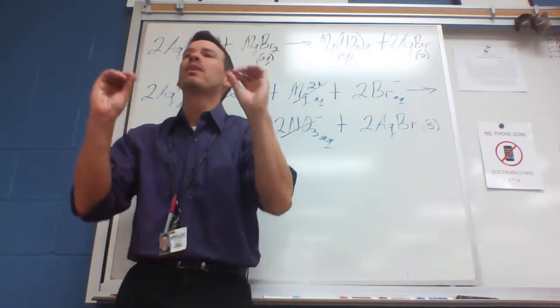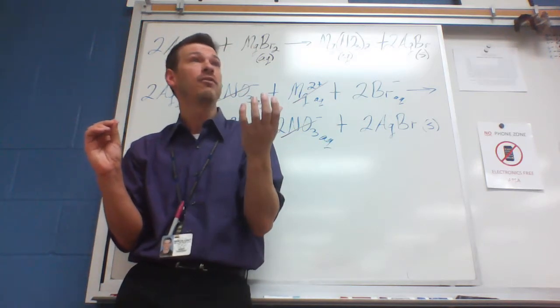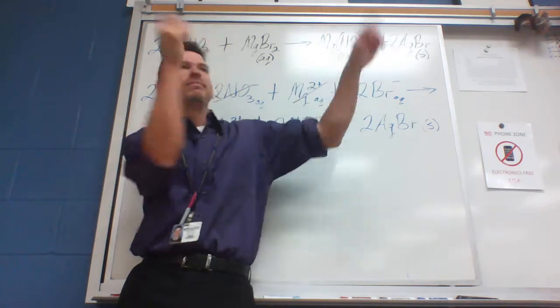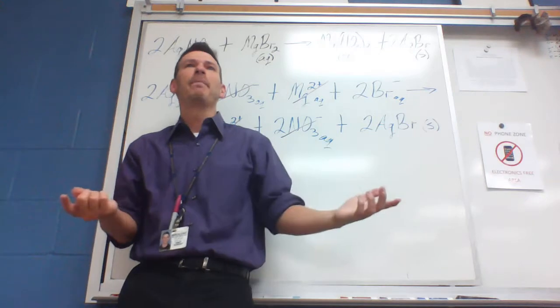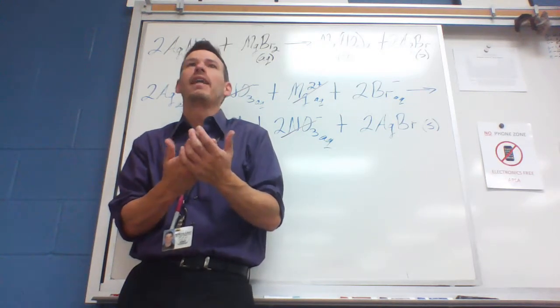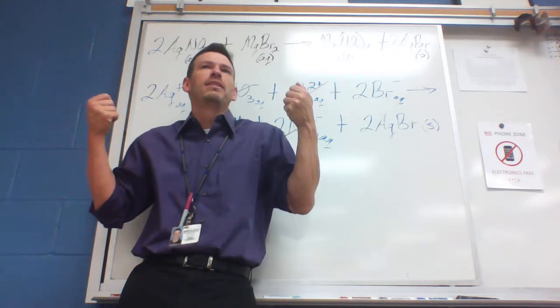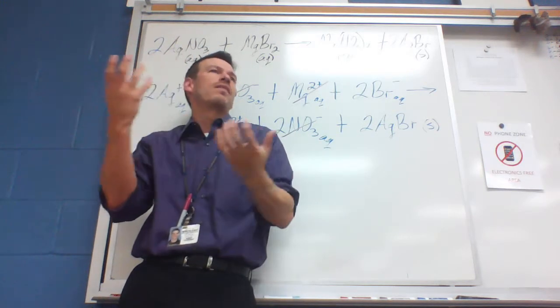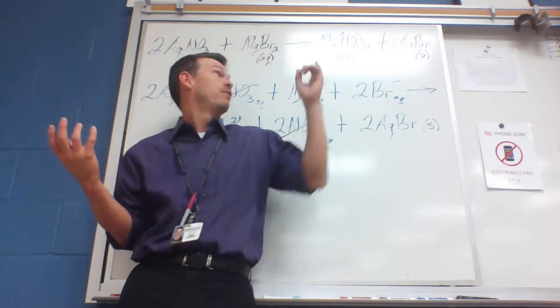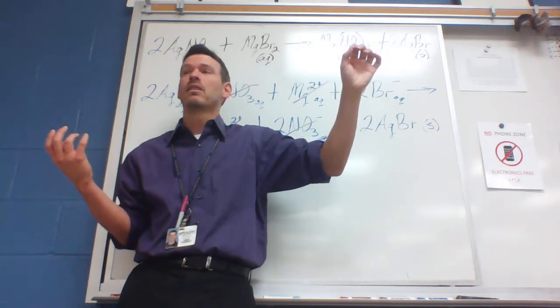If there's no precipitate forming or predicted to form, then everything is a spectator ion. They would all cross out at the end. And if that happens, then there's nothing happening. That's why it's a no reaction. The dissociation will still take place, but everything will just float around in the solution. They're not going to create new compounds. No reaction, if they're both aqueous.